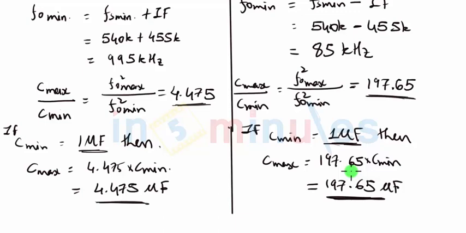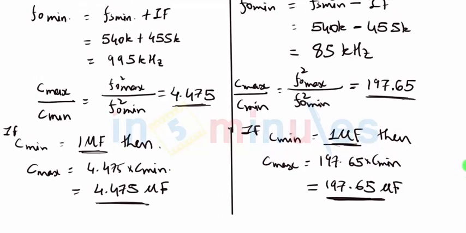A very famous variable capacitance device is the varactor diode, which cannot give us the variable capacitance over the very large range of 200 microfarad, something which is required in low side injection. And hence we conclude that we use high side injection in all practical AM receivers.